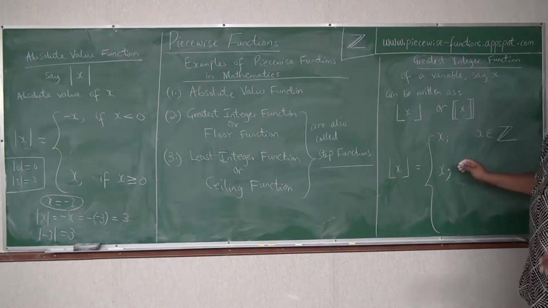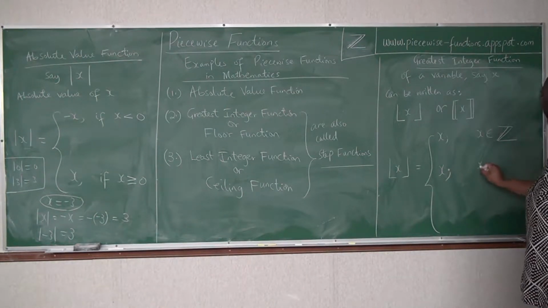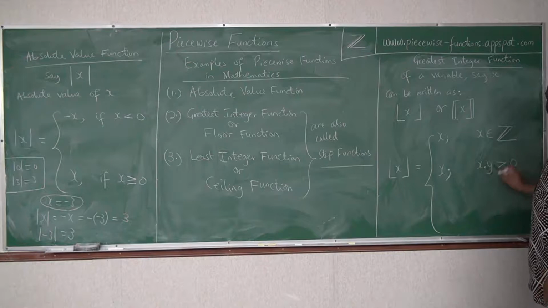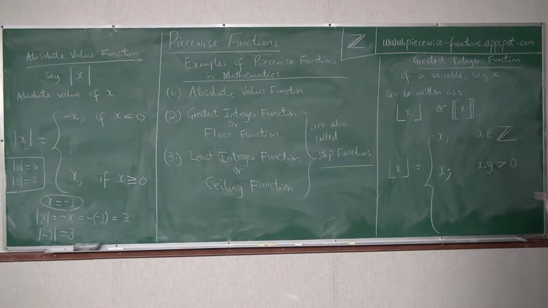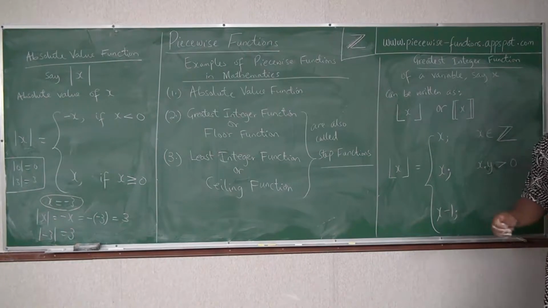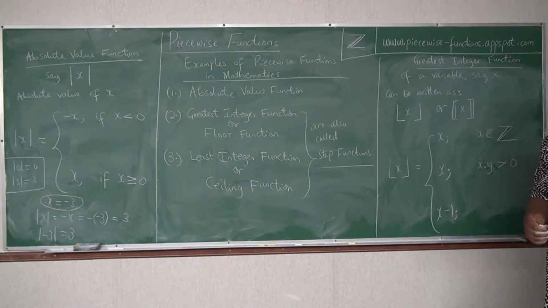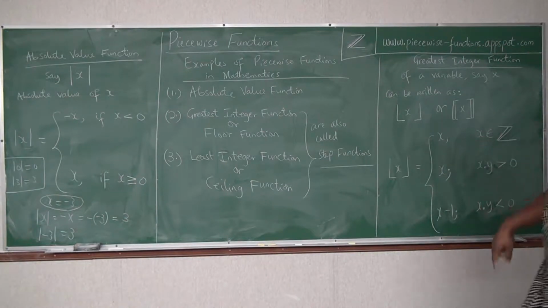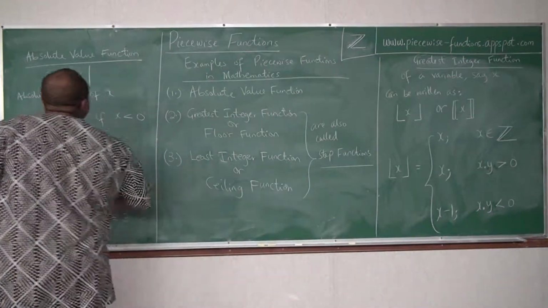If you have x dot y greater than 0, I'm going to define this in a moment, then it will be x, and x minus 1 for the decimal x dot y less than 0. Let me explain what I just wrote. The greatest integer function.